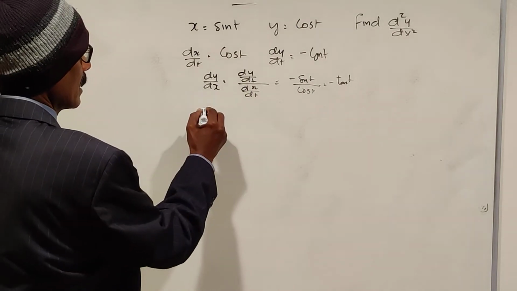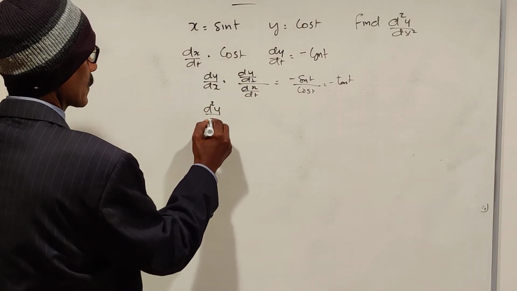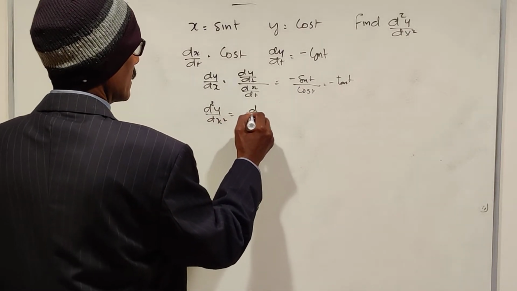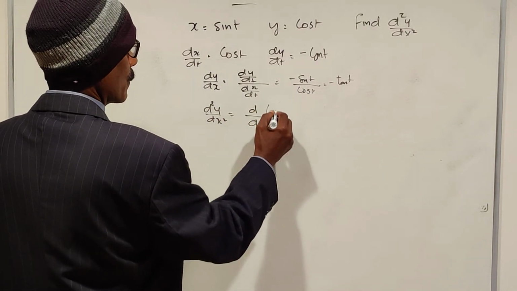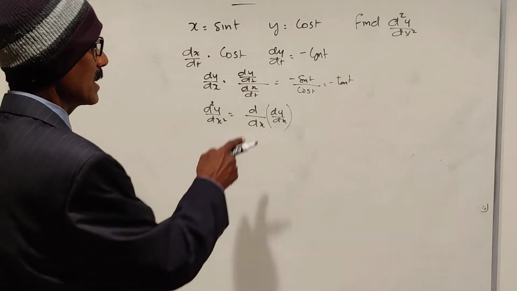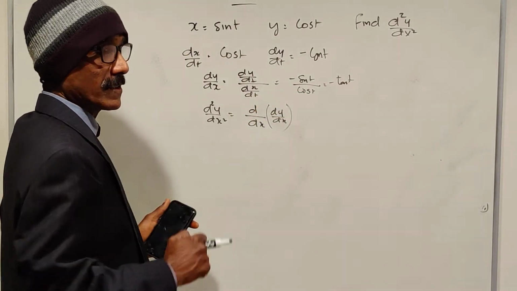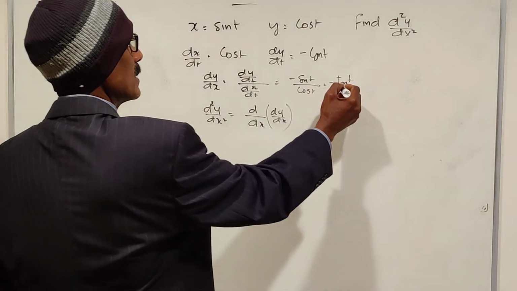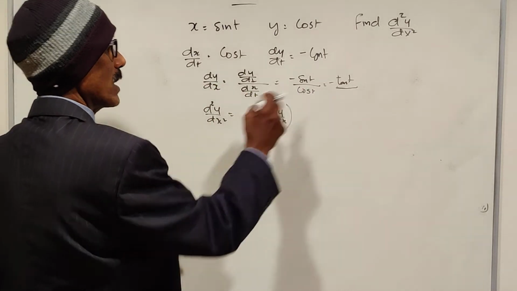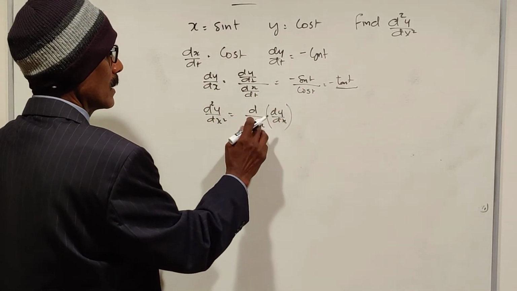Second derivative, d square y by dx square equals d by dx of dy by dx, that is the formula. First differentiate the first derivative with respect to x, but the first derivative is in terms of t, so you cannot differentiate with respect to x. So how can you do that?